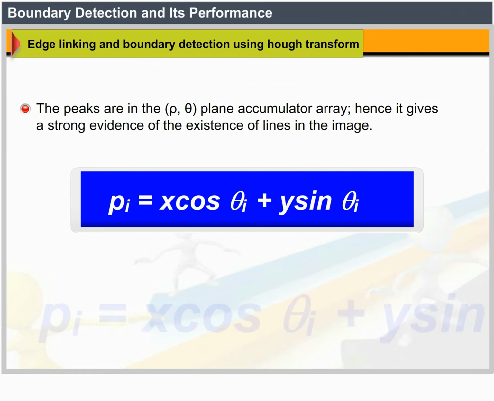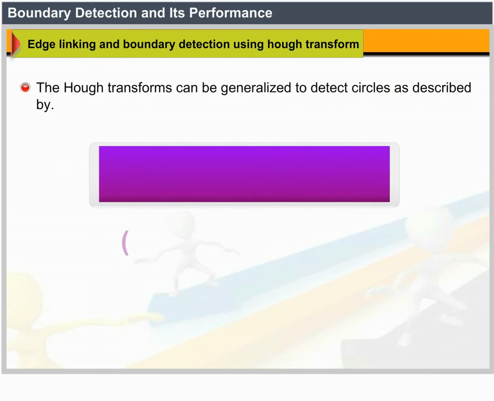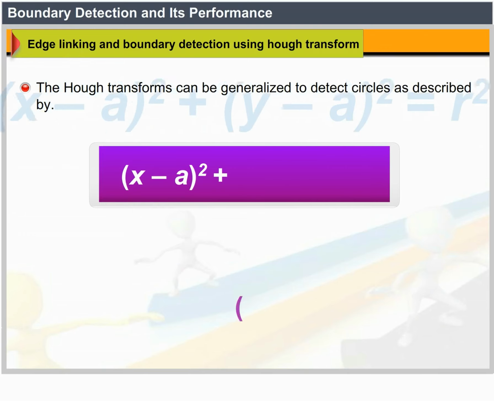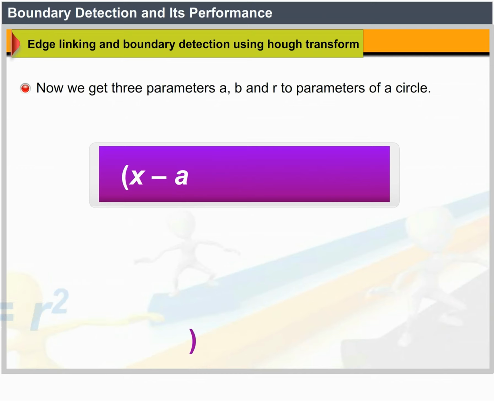The Hough transform can be generalized to detect circles as described by (x minus a) squared plus (y minus b) squared equals r squared. Now we get 3 parameters a, b, and r as parameters of a circle.